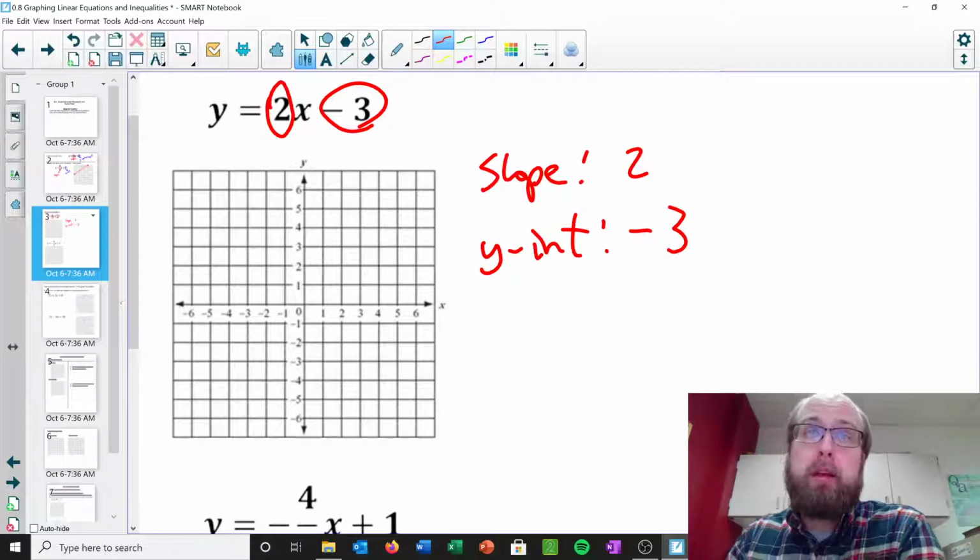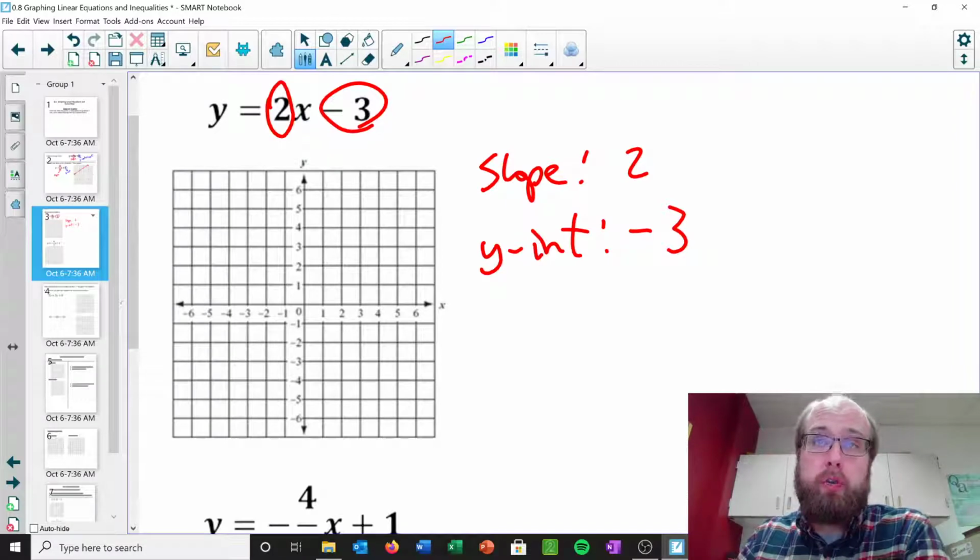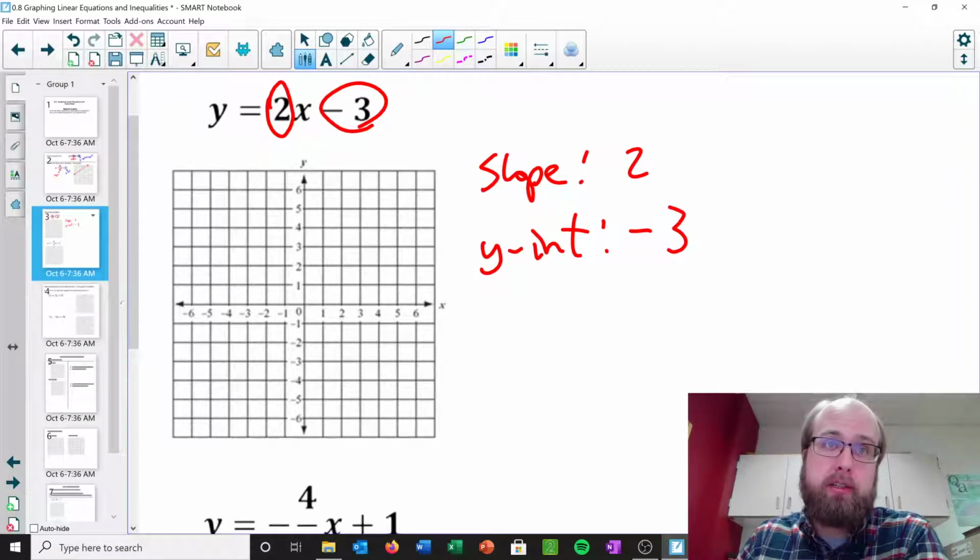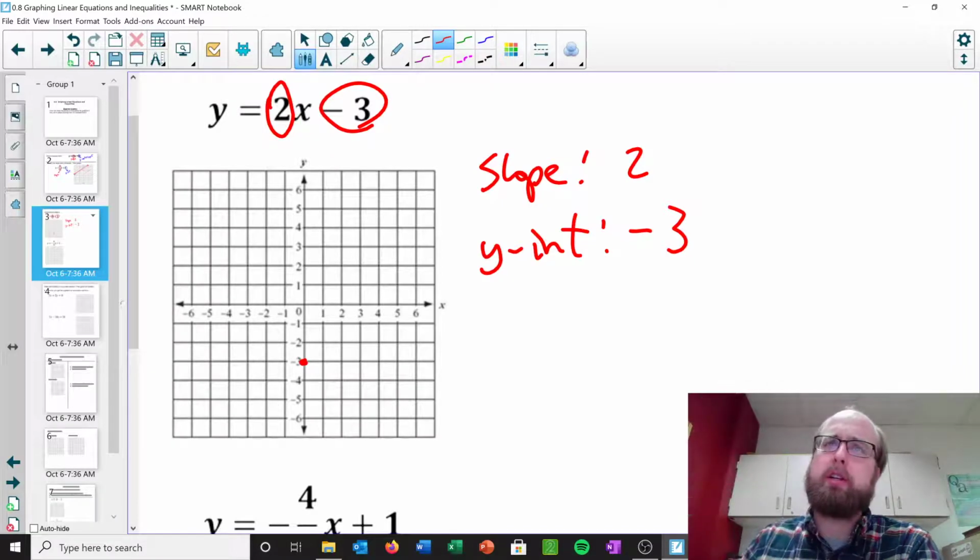When we graph, we start with our y-intercept at negative 3, so we go on the vertical axis down to negative 3, and we put a dot. Then our slope is 2, and this sometimes causes students confusion because slope is rise over run, a fraction. If you don't have a fraction there, remember, any number is just over 1.